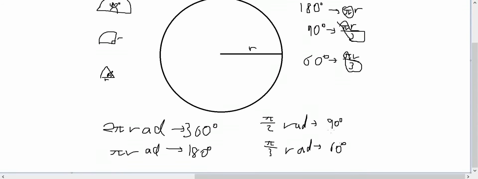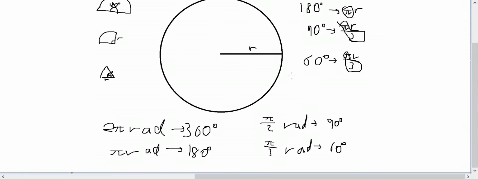Okay. So basically, instead of saying a circle has a 360-degree angle, you can say it has an angle of 2 pi radians. So what's the advantage of using radians?